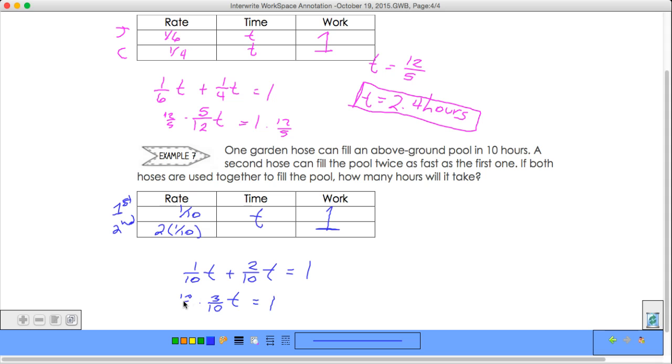Multiply by 10/3. We get t equals 10/3, or about 3.3 hours. So it will take the two hoses 3.3 hours to fill the pool together.